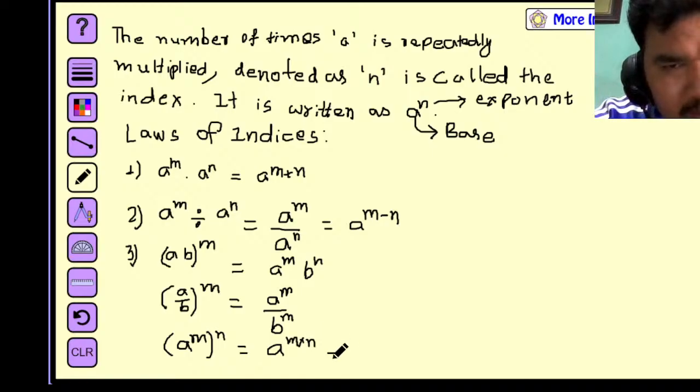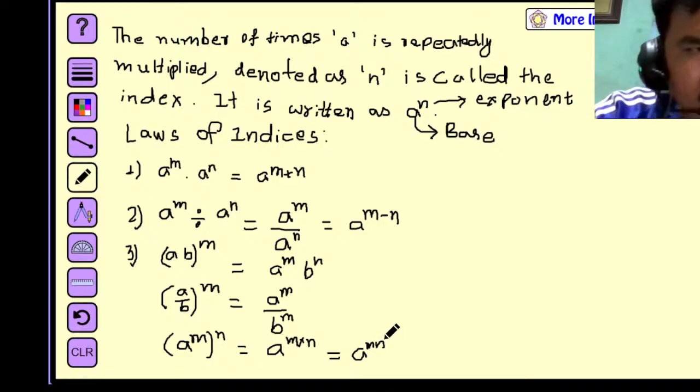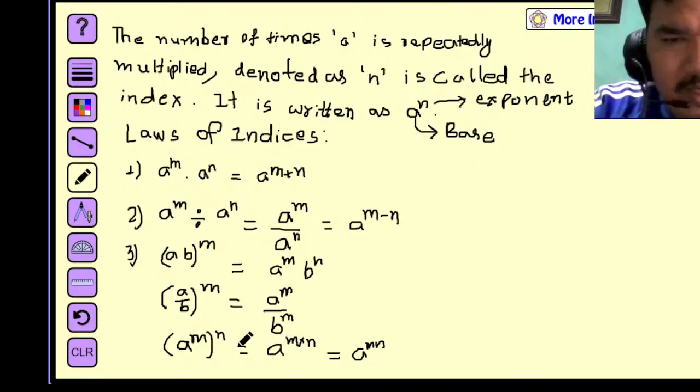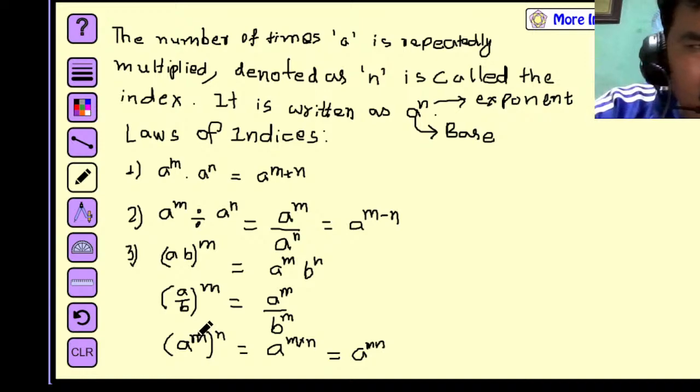That means it will come here A to the power mn. When you remove this bracket, if power and whole power is given, then it comes like this.